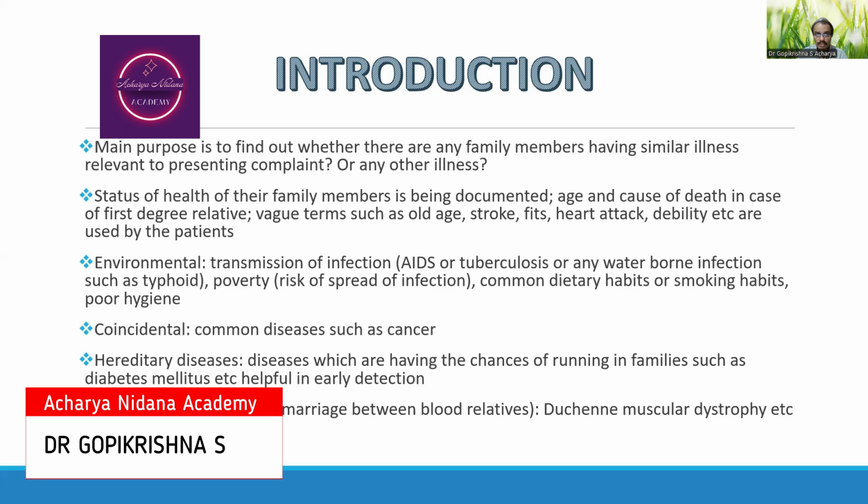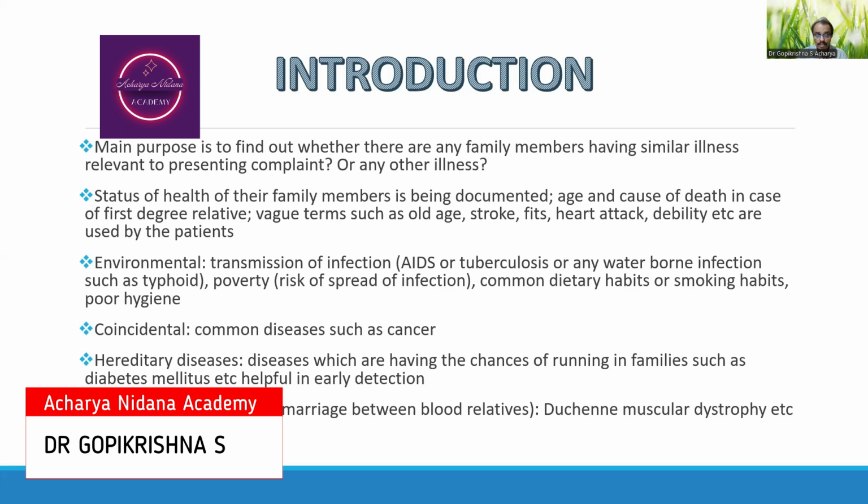As far as other aspects of family history are concerned, first of all, we are going to note the environmental risk factors. For example, there may be a risk of transmission of infection, such as tuberculosis, where people are residing in very closed or crowded places.